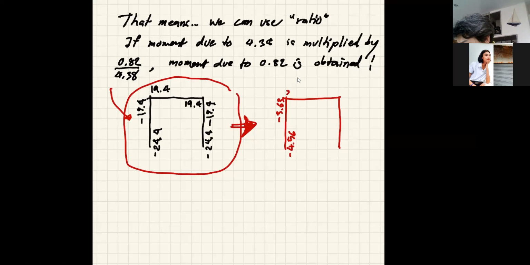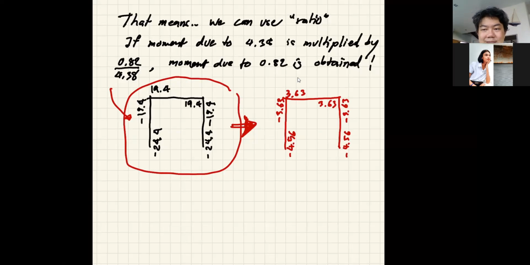Here is 3.63, 3.63, minus 3.63 and minus 4.56. So it's simple as that. It doesn't matter what you assume.